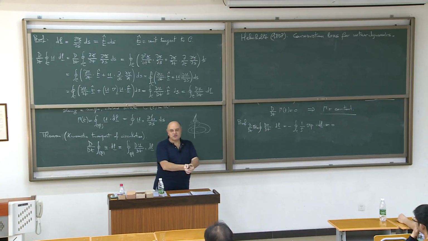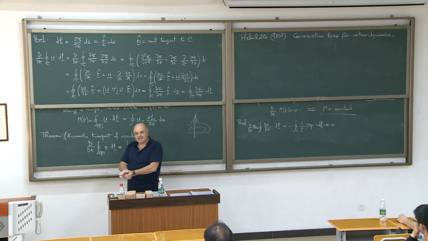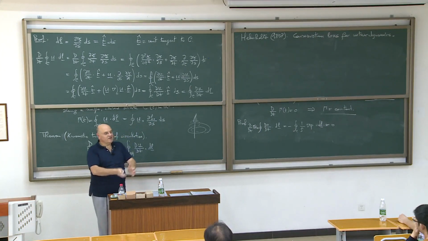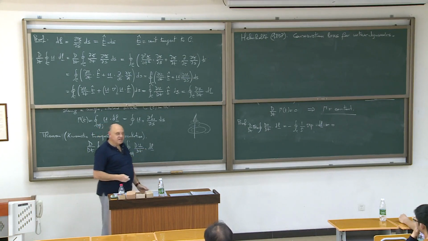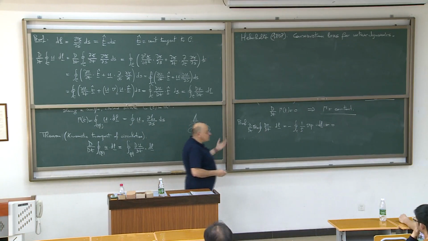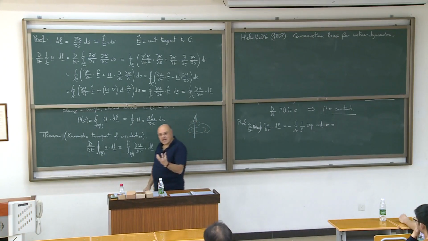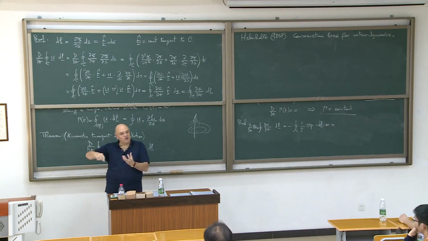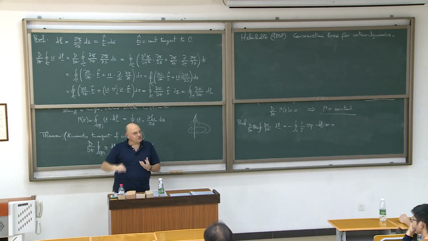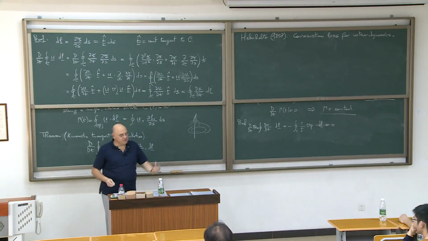If there is a pillar or a hole in the fluid domain, you cannot shrink the circulation to zero. So circulation, which is a measure of the fact that you can go with a field line around a closed circuit, is also a measure of the obstacles that you have in the domain.